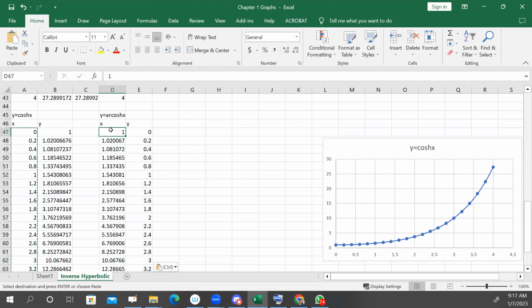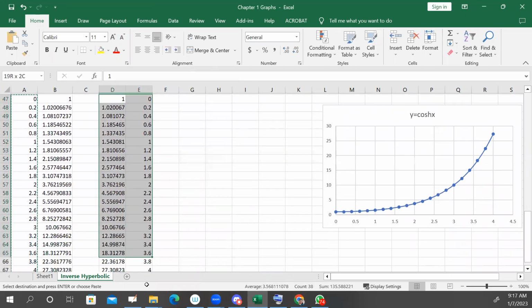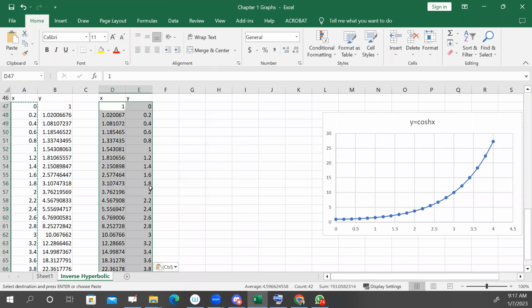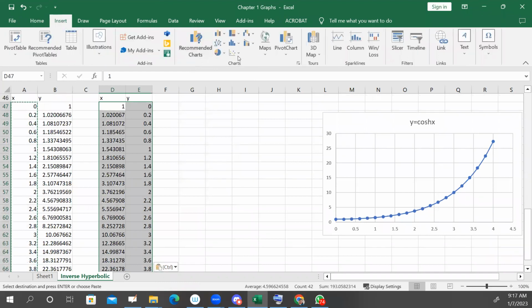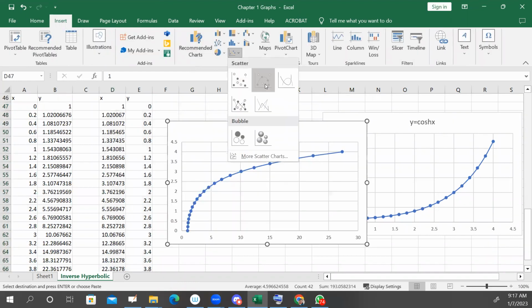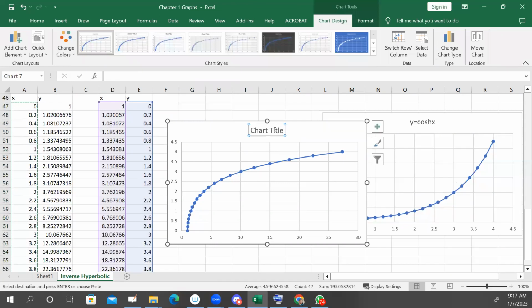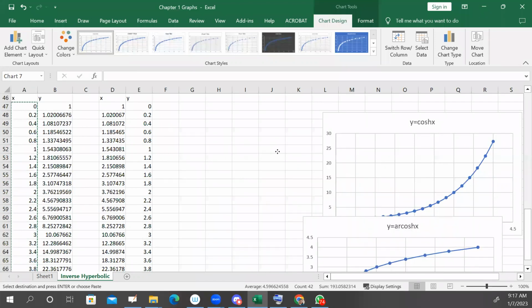So now let's draw the graphs. Let's draw the arc cosh x graph. So guys, this is the arc cosh x graph. All right, so this is the y equals arc cosh x graph. Okay, so now what I want to do is compare the graphs.